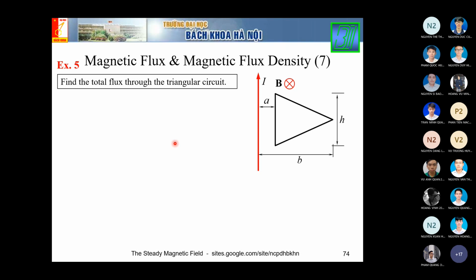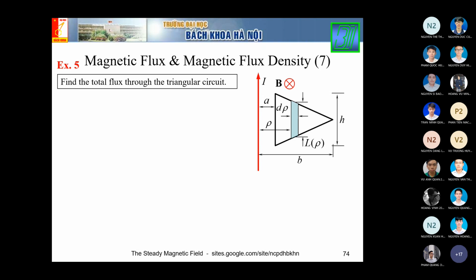So in this case, I divide this one into many very thin trapezoids like this. Okay, this figure is very thin. Its position is rho, and its thickness is d rho.